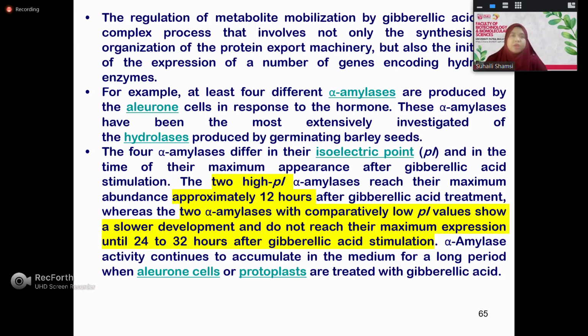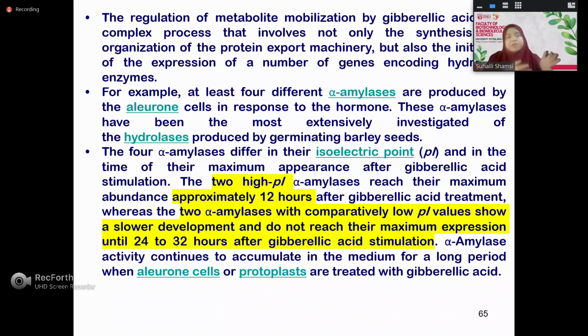And how it induces germination is by stimulating the expression of enzymes involved in hydrolysis of starch. And in this case, we are talking about the alpha amylase enzyme. So alpha amylase enzymes are produced by the aleurone cells in response to the hormone, which is gibberellic acid.